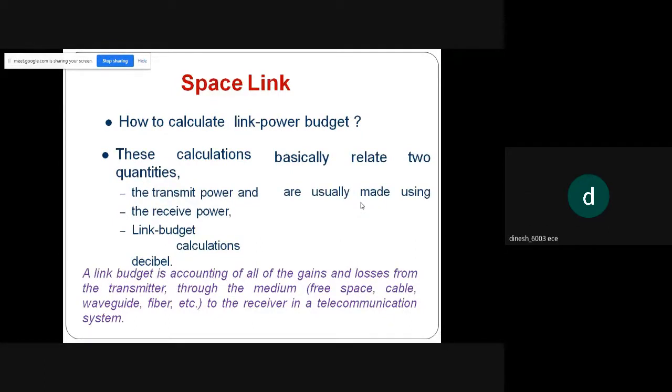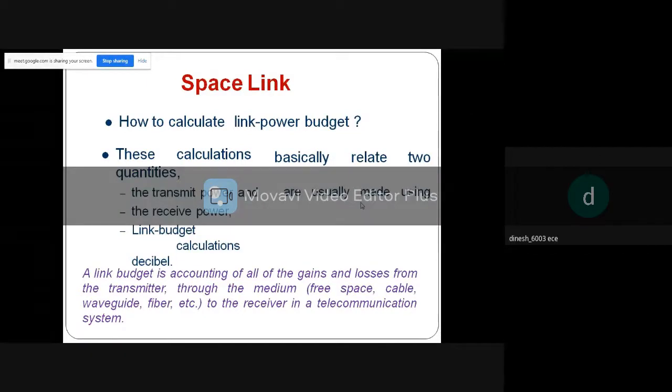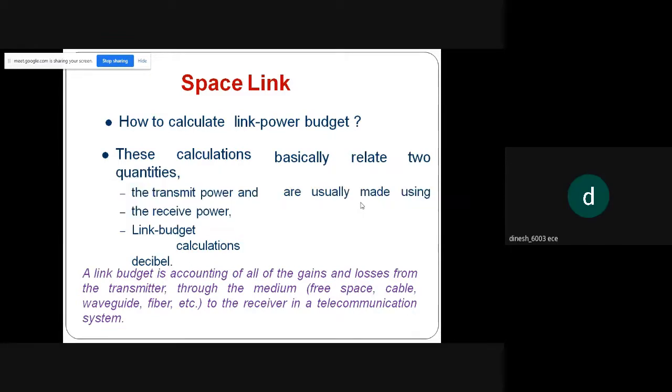Then these signals which reach the satellite in space are processed or amplified or repeated or boosted by using some amplifiers. Most probably we will be using a TWT amplifier, and it is sent back to the Earth.